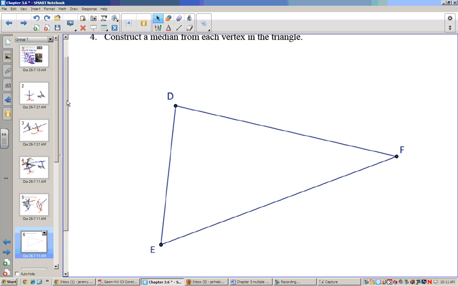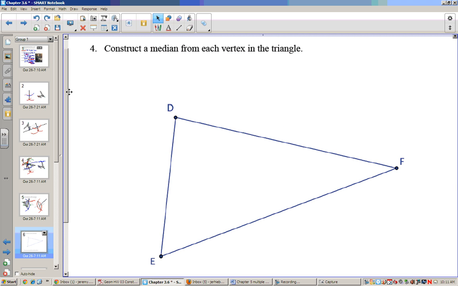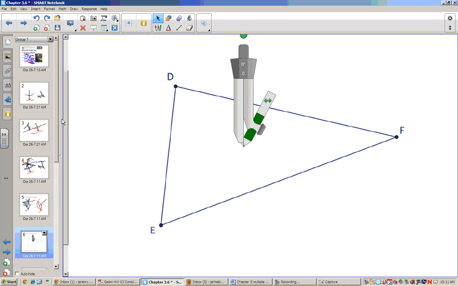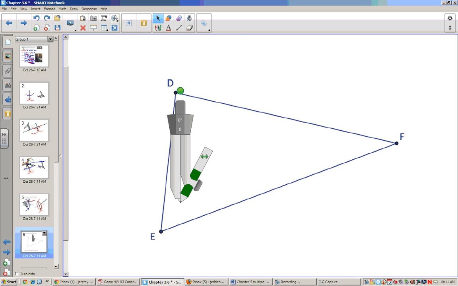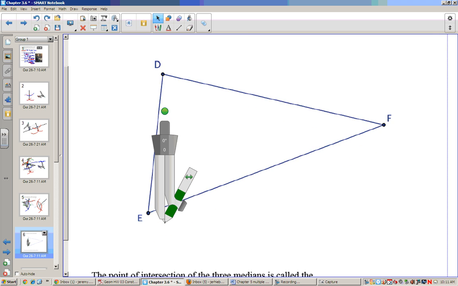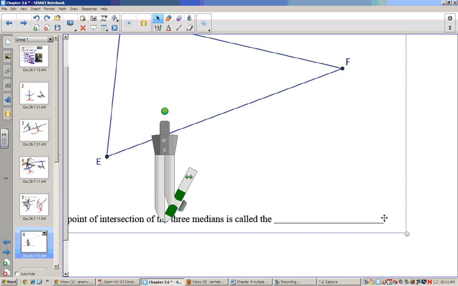Now, on number 4, we want to construct a median from each vertex. If you're doing this at home, I want you to pause the video and see if you can do this all on your own. Hopefully you have finished and you just hit play to check and see if you did it correctly. Now, just so I don't have trouble with this, I'm going to shrink this right away.